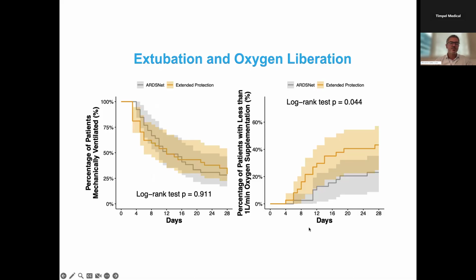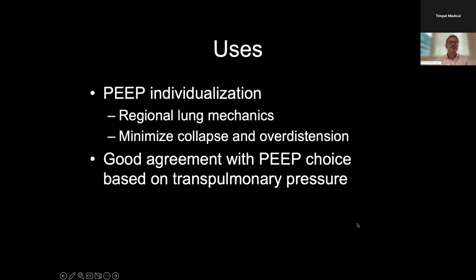Sorry, I think I erased the slide by accident, but the primary outcome of the study was a modification of the Murray score, and it was virtually the same at the end of the follow-up period. The Murray score improved faster in the intervention arm, but it didn't make a difference when we looked at the 28-day difference.